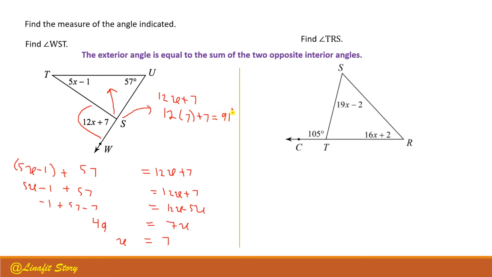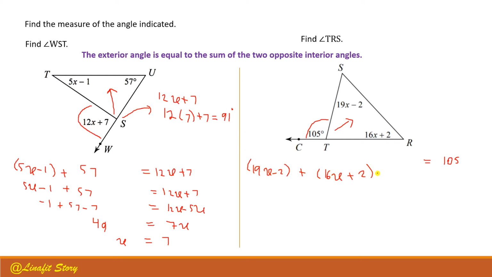And then the second question, the exterior angle is equal to 105 degrees. The two opposite interior angles are 19x minus 2 plus 16x plus 2.